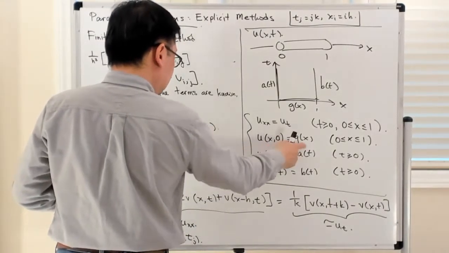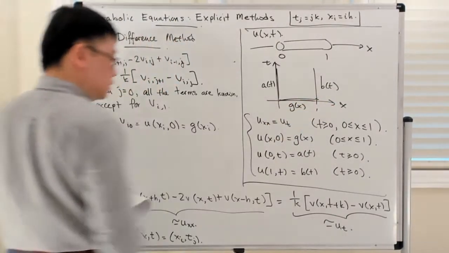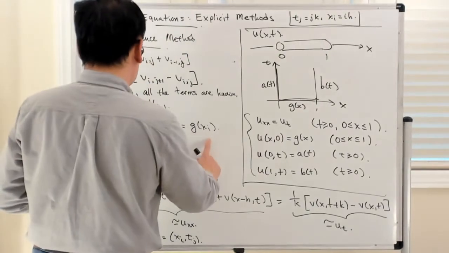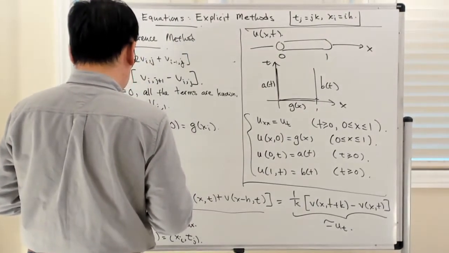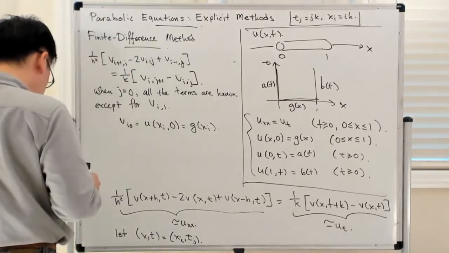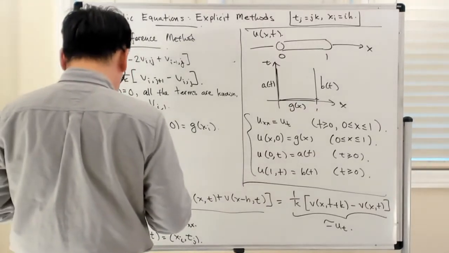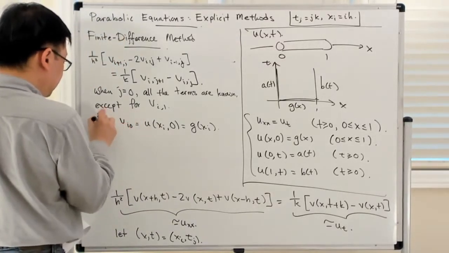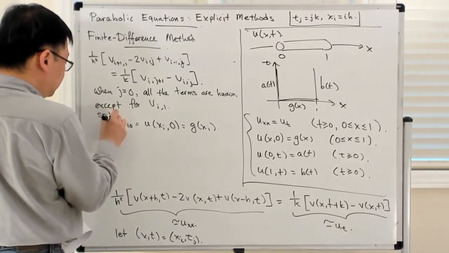So I'm using this initial spatial boundary condition to initialize the v_{i,0}s, and from that you can compute the v_{i,1}s. So this is the spatial boundary condition.